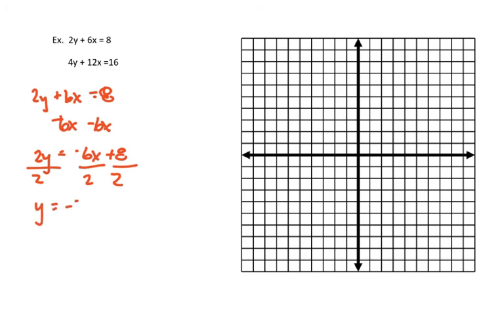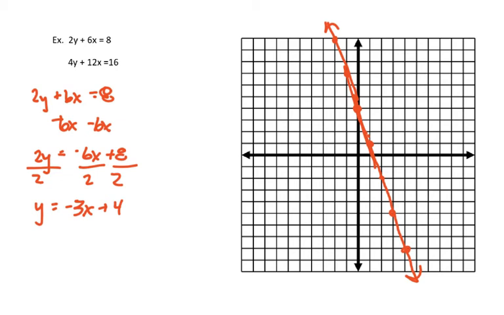Y equals negative 3x plus 4. So we're going to start up 4. 1, 2, 3, 4. And then we're going to go down 3, right 1. Up 3, left 1. Until we have a line. We're going to pretend for the purpose of this video that this is totally a straight line.